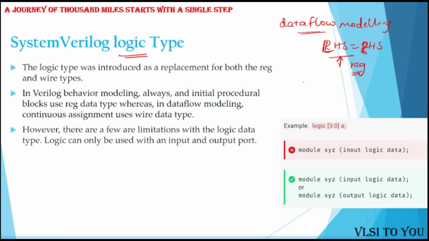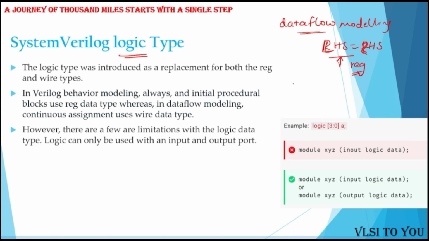That means instead of writing reg or wire, if you don't know where to use which, remember that wire can only drive values, but reg can hold values. When designing complex circuits, while doing connections, at some point you may use it as wire, and at some point it should be converted into reg. So there may be clashes, like you have mentioned it as wire and now you are using it as reg, which means there may be clashes during simulation.